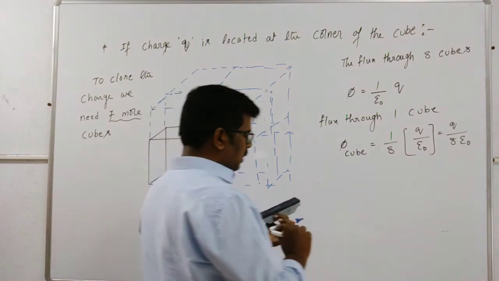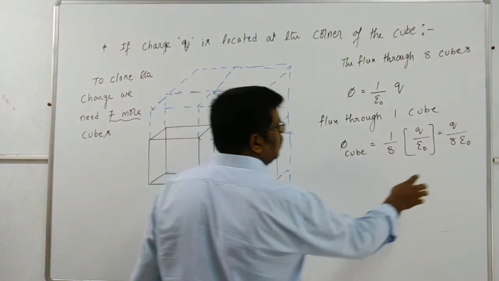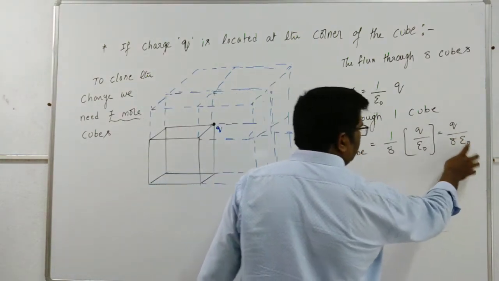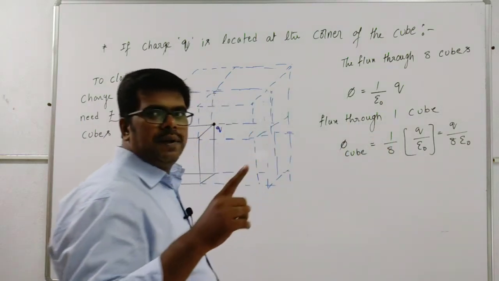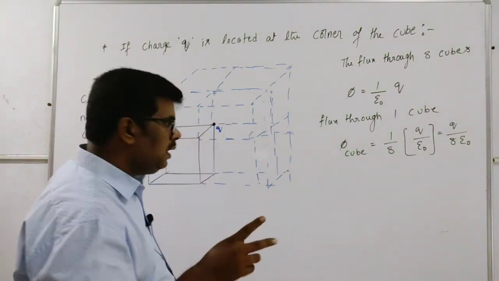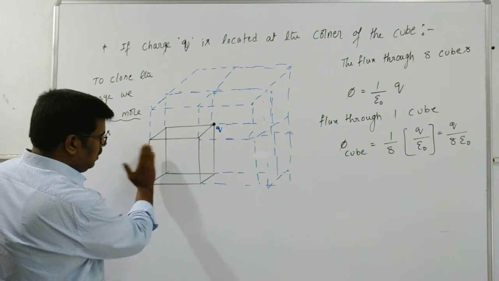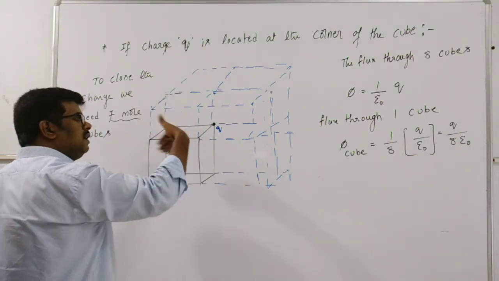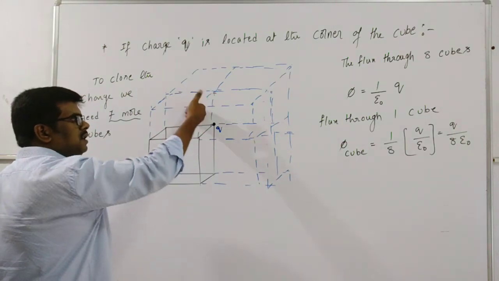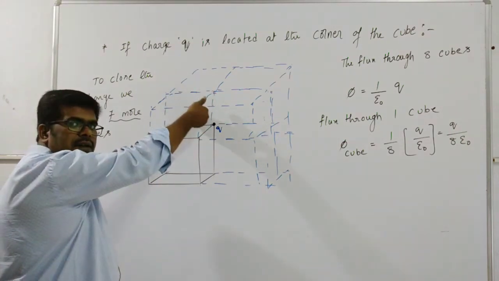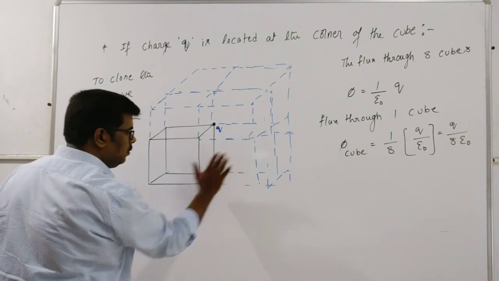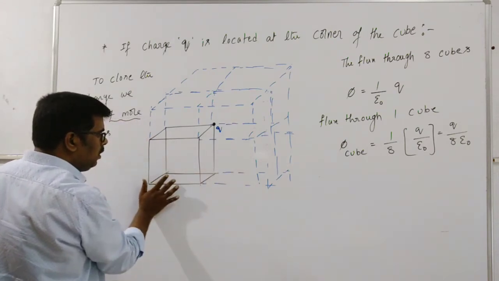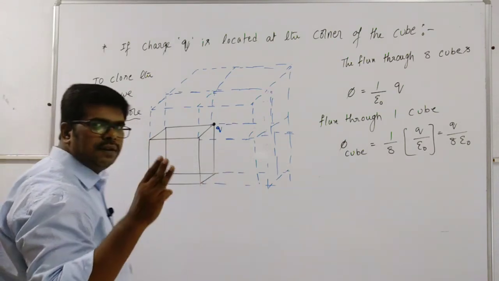So out of the q by 8 epsilon naught, how many faces can be seen here? This face is shared with this one, so it is not seen. The backside face is shared with another one, which is the backside one. This side is shared with this one. So only which faces are visible? 1, 2, the front one. So only 3 faces are visible.